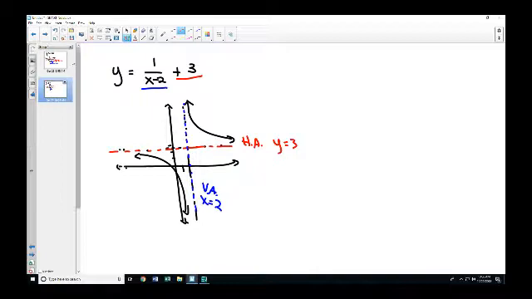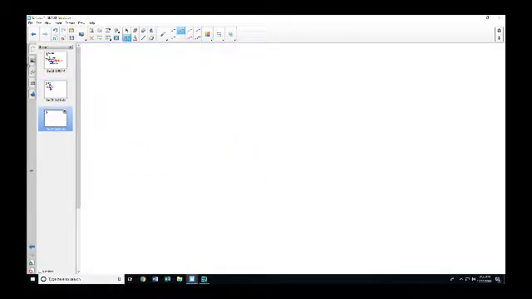Okay. Let's look at one that's a little bit more intelligent. Vertical asymptotes are usually pretty straightforward.